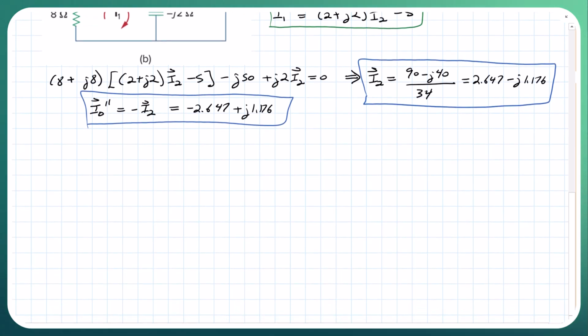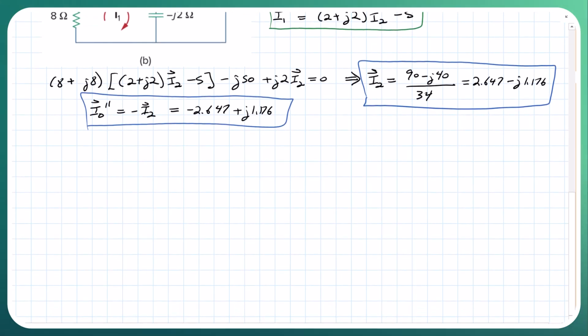Let's go back up here, and we know that I naught is equal to I naught prime plus I naught double prime.